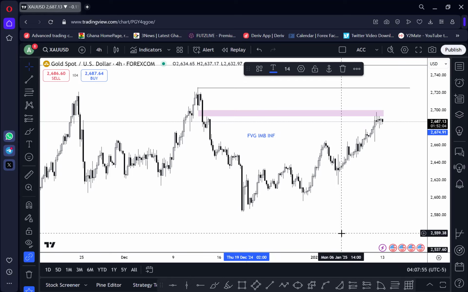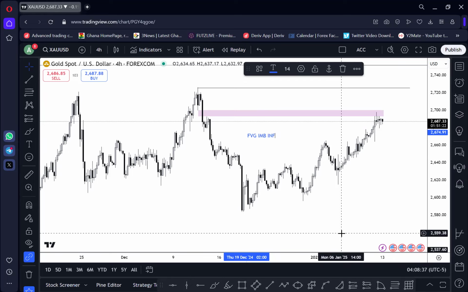We have two types of liquidity, which I will explain when I come to teach on liquidity: internal liquidity and external liquidity, of which fair value gaps fall under internal liquidity. The market moves from internal liquidity to external liquidity. The market always comes back to fill all inefficiencies, imbalances, or fair value gaps before continuing with whatever it wants to do.